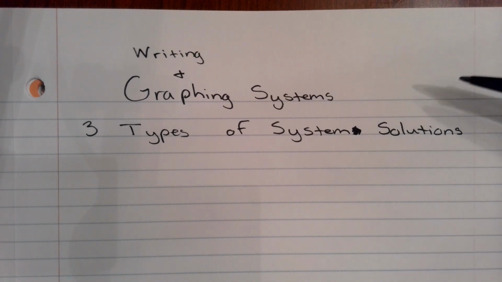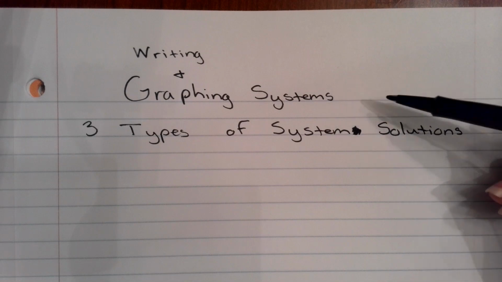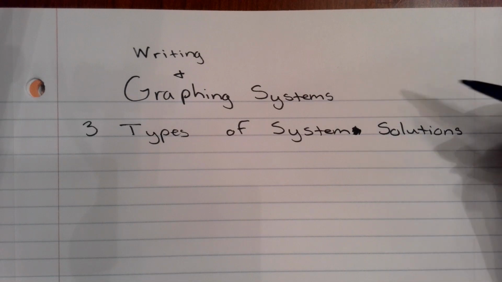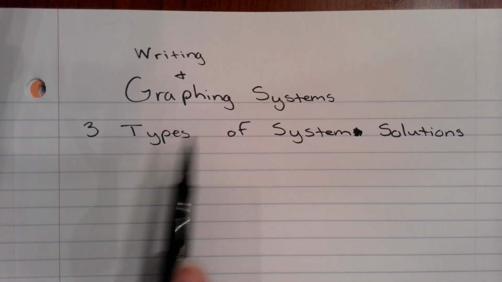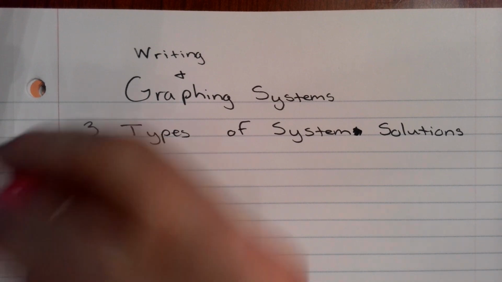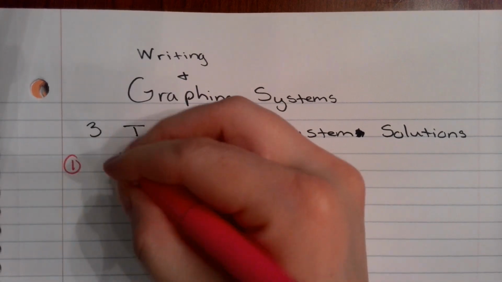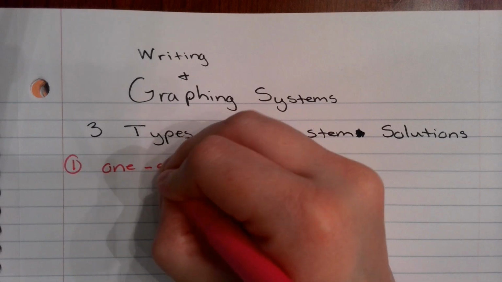Now systems, when we talk about systems, we're talking about two linear equations that share either a similar solution, no solution, or infinitely many solutions. So that's what we're going to be discussing right now, those three types of systems. Our first one is what I just titled the one solution.